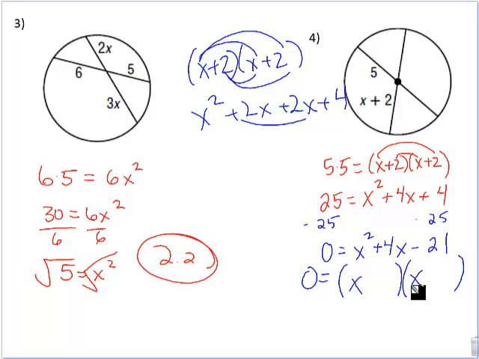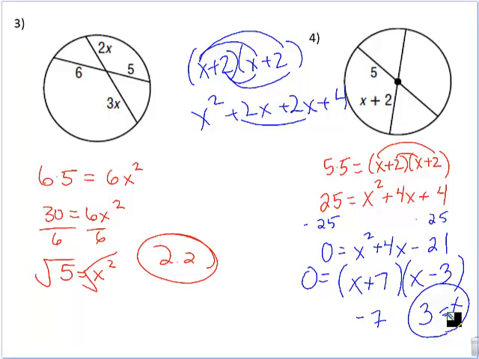So let's see, factors of 21 that would subtract to give you 4, plus 7 and minus 3. So what are the two answers that x could be? Negative 7 or a positive 3. Which one makes more sense for lines? Positive 3.